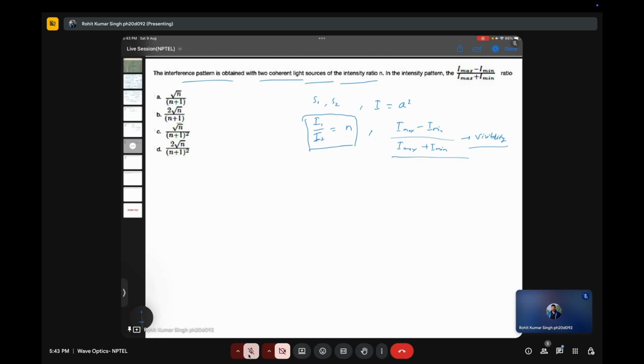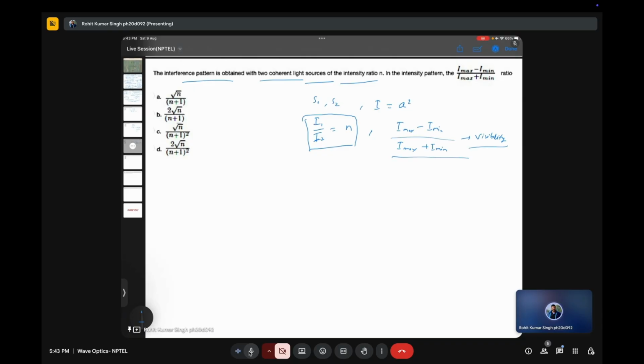Sir, we will find net intensity by applying the formula. We will find the net intensity, the maximum intensity formula we can apply. Which formula?